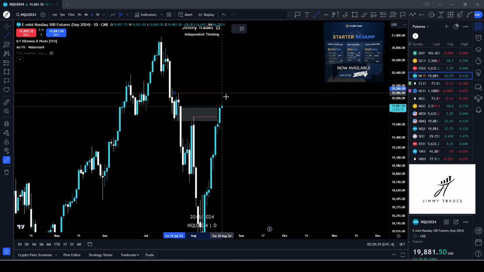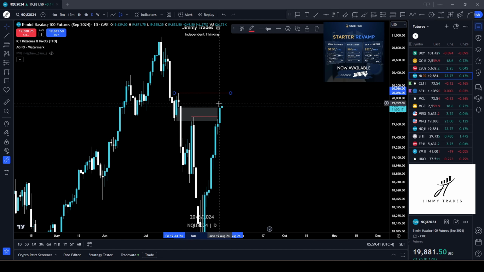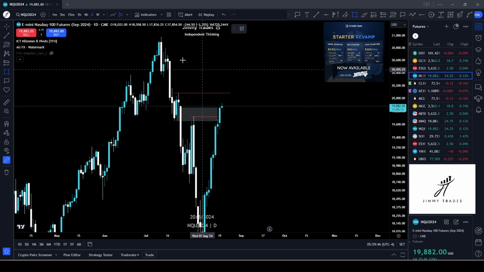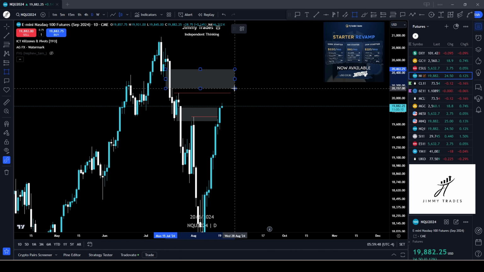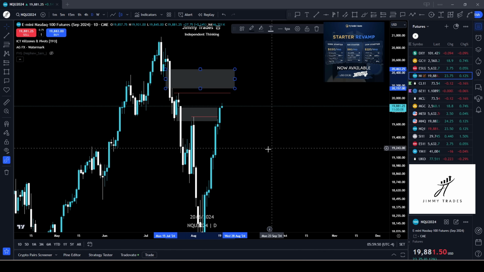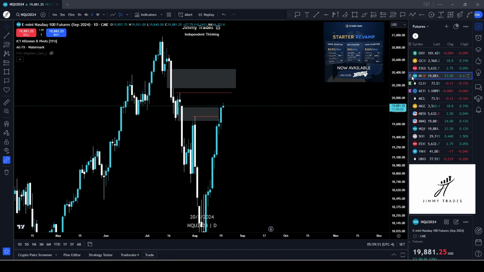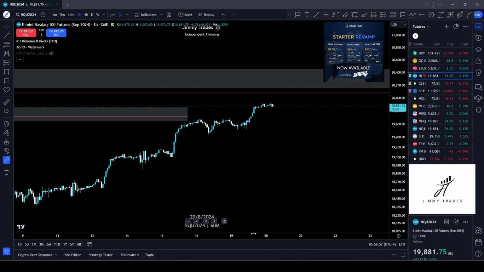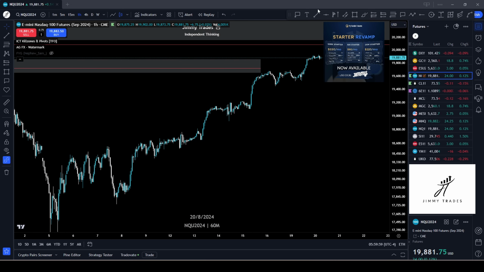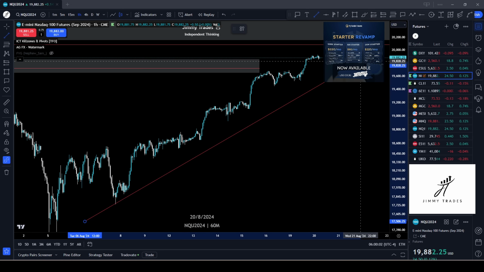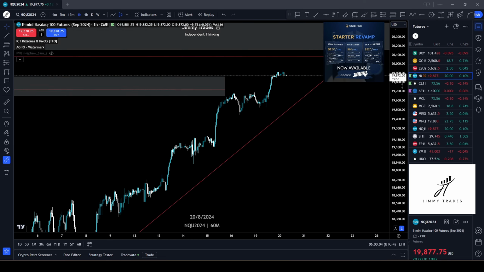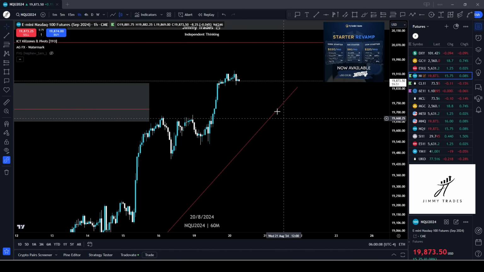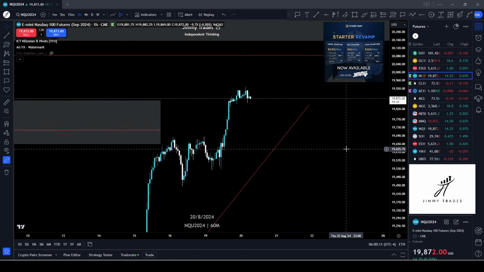But I would like to see if price can reach to this swing point here and even tap into this bearish FVG here, and the reason being is if we drop to the hourly, we still just have bullish structure. It's just continuing this momentum. There are no signs of bearish structure just yet.